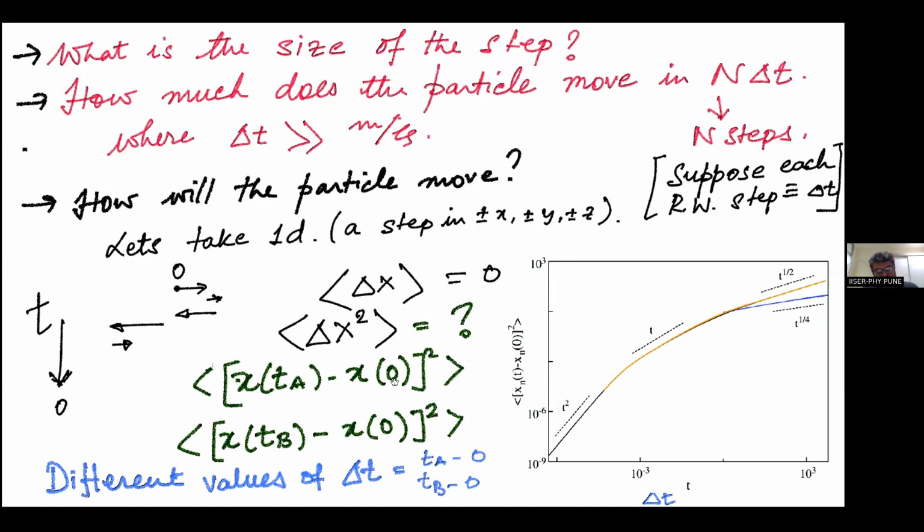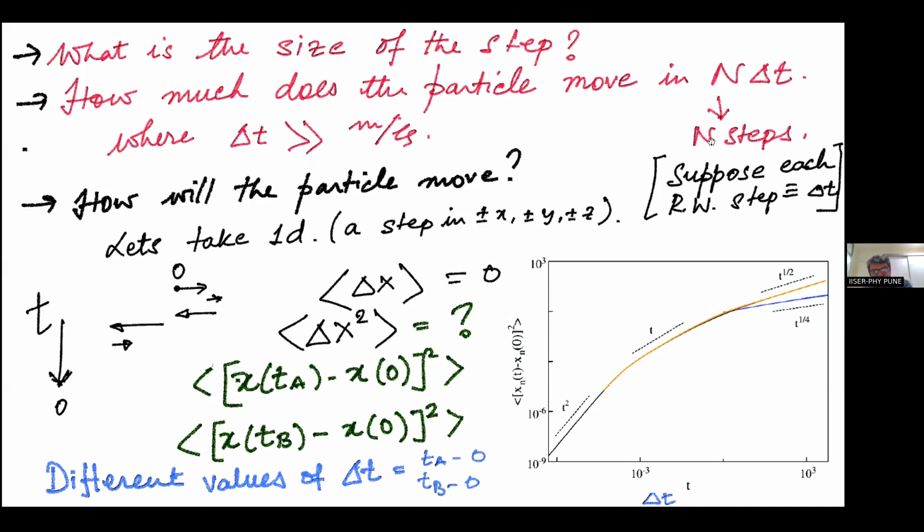So then it will be x at t equal to 3000 minus x at t equal to 2000. You can do a time average and also a particle average, an ensemble average, of 1000 particles. You can take a different ta.